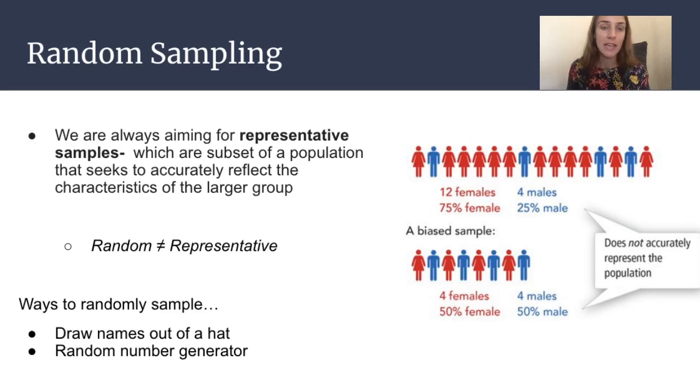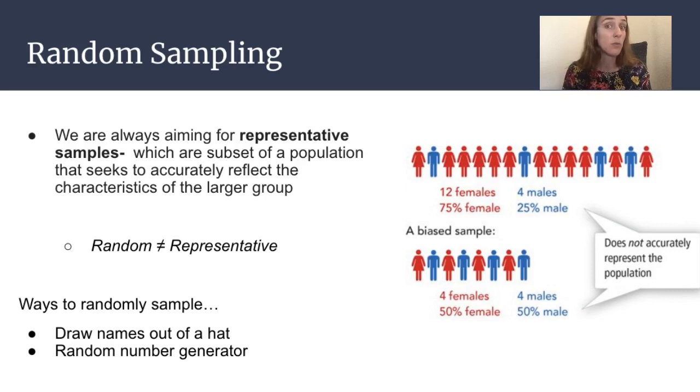So we're always aiming for representative samples, which are a subset of the population that actually contains characteristics of that larger group. So we try to achieve this with randomness, but it doesn't always work. So randomness is not a guarantee for representation, but it's a step in the right direction, all right? We're going to talk about different ways that you can get a more representative sample.